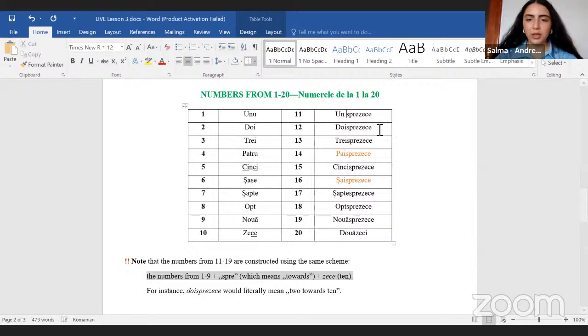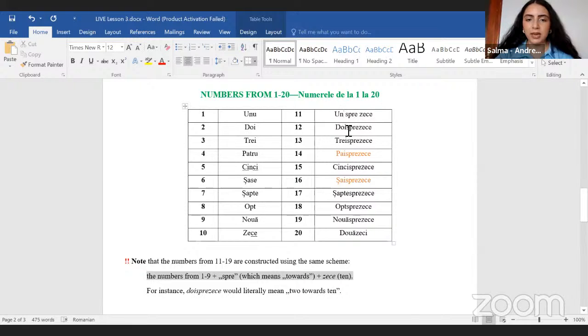If we were to split, for example, 11, we would have "un spre 10". Spre on its own means towards. So if we were to translate it literally, it would mean 1 towards 10.